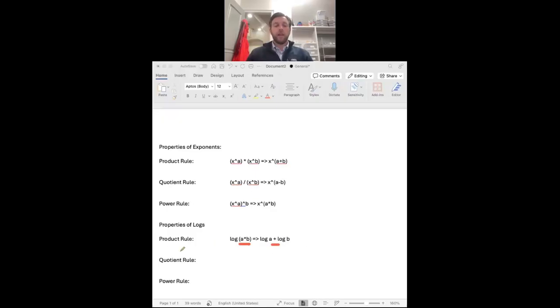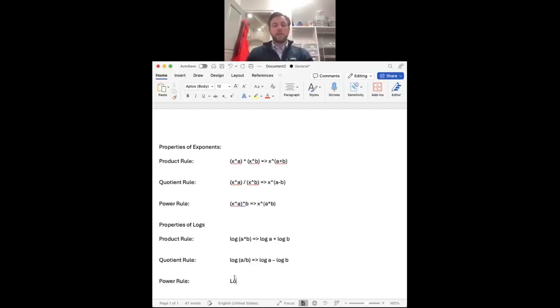And so you may be able to see, when we divide logs, we subtract. They kind of work in the same process. So this one's going to say when you take the log of a fraction, you will subtract. It becomes the subtraction of the logs, log of the top minus log of the bottom.